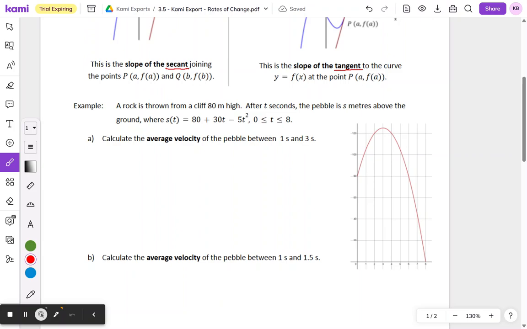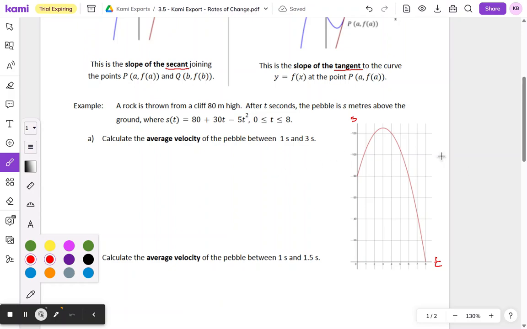So if we're looking at our graph here, this is going to be t, and this is going to be s. Okay, so you can see it's thrown off the cliff, it goes higher, obviously it's thrown up, it reaches a maximum height, and then goes back down.